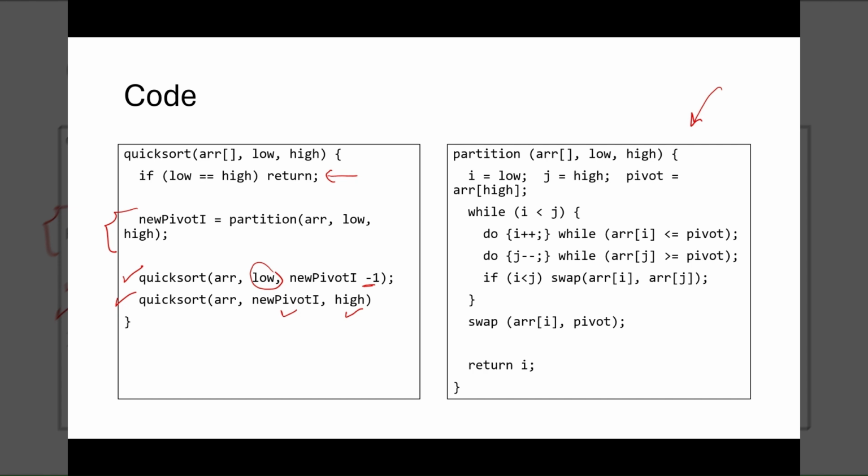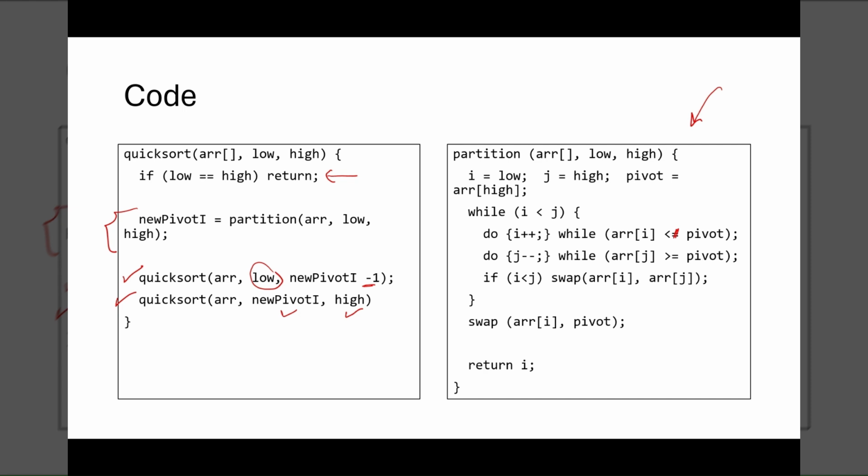Here it is. We define I to be the low, j to be the high, pivot to be array of high. And while I is less than j, they didn't cross yet, we will increment the I while array of I is less than the pivot. You can simply remove this equal. And we will decrement j while array of j is greater than or equal to the pivot.